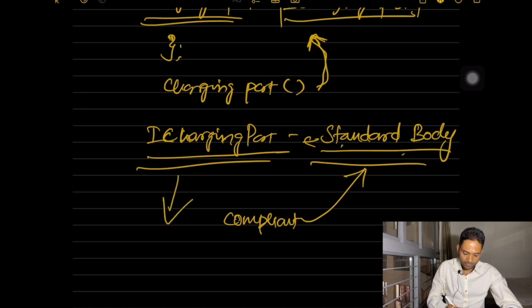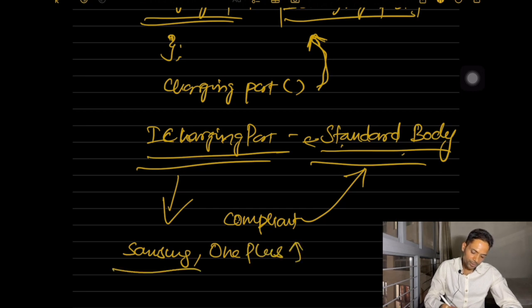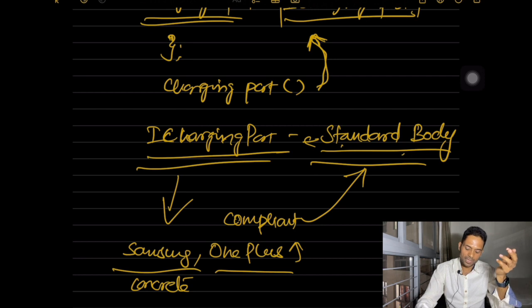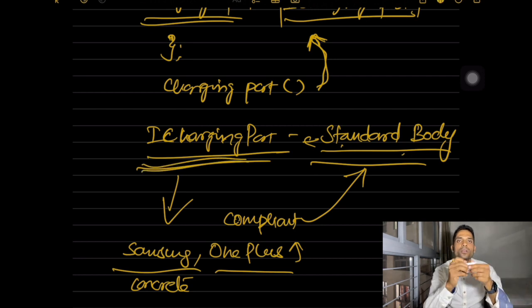We can have Samsung and OnePlus. Everyone can use this, and they can make their specific versions of charging ports. They can be different in their look and feel and design, but they will be compliant to this ICharging port. So I hope this was helpful.